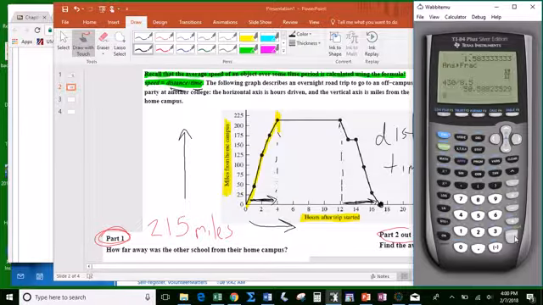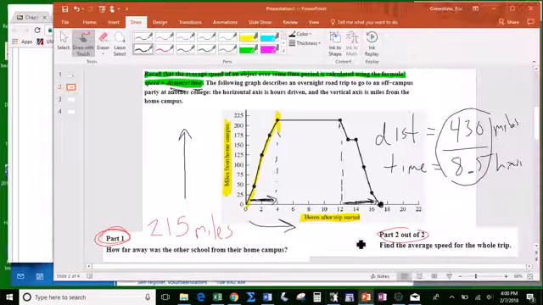So rounded to 2 decimal places, it looks like the average speed was about 50.59. The 588 will round to 59. 50.59. Okay, that's about it for this one. Hope it was helpful.